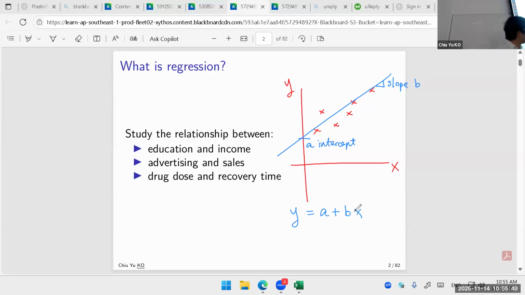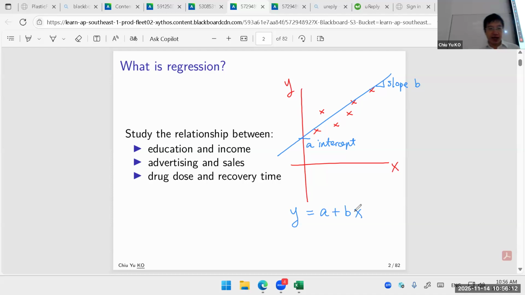This is a formula you learned in high school, called the slope-intercept form. If you know A and B, you can draw the line. So the goal is to collapse the data into two numbers, but these two numbers represent infinite possibilities.